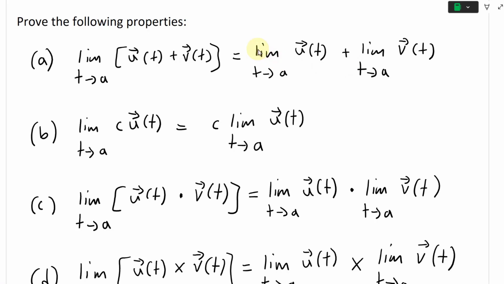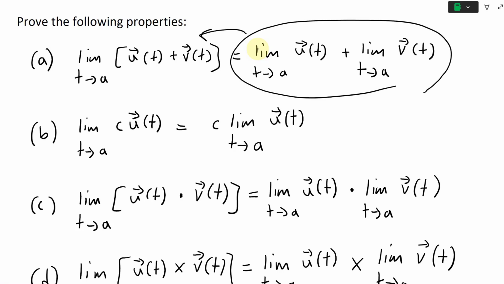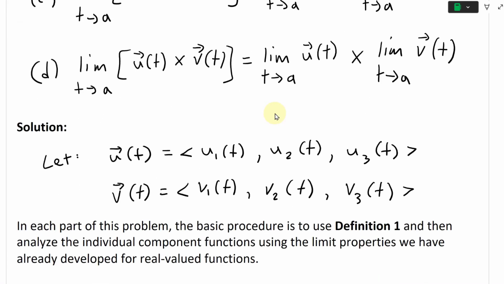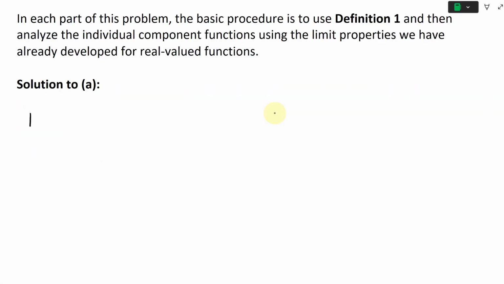So we're going to take this part right here and reverse it to go backwards, doing the component parts and so on. So expand them out. I'm going to go limit as t approaches a of the u vector function plus the limit as t approaches a of the v vector function.